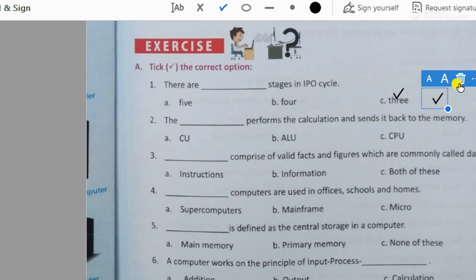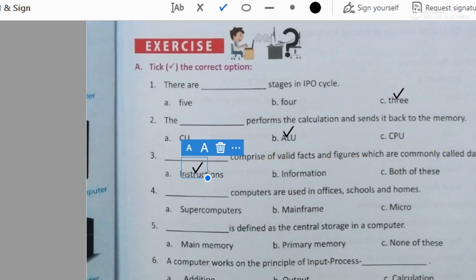And the dash performs the calculation and sends back into the memory, that is ALU, or arithmetic logic unit. And dash comprises valid facts and figures, which are commonly called data, that is instruction.